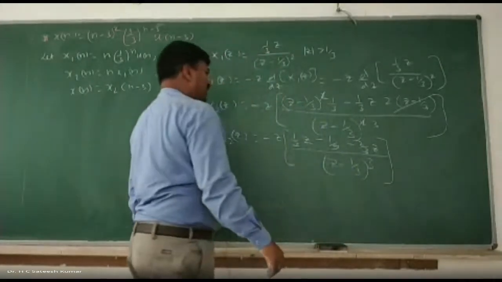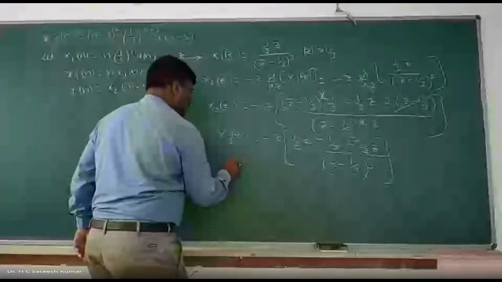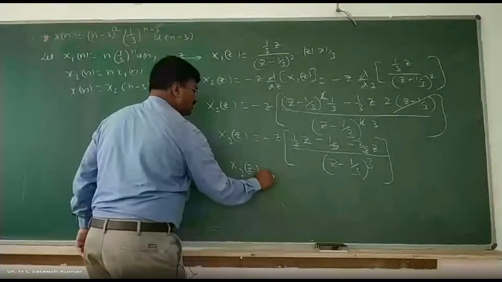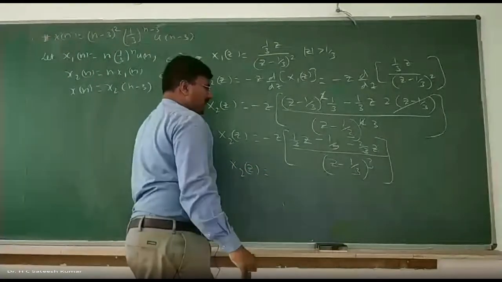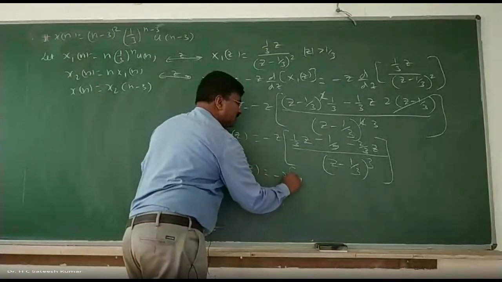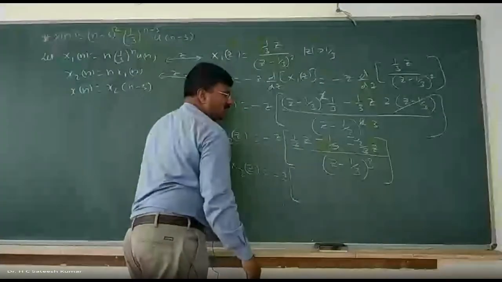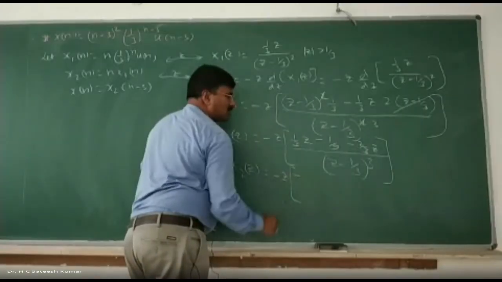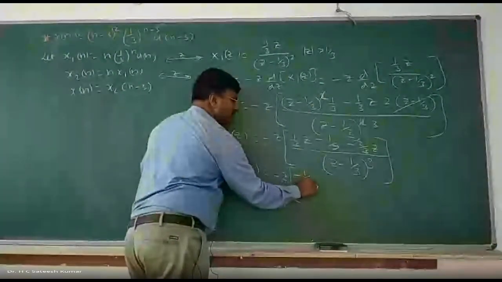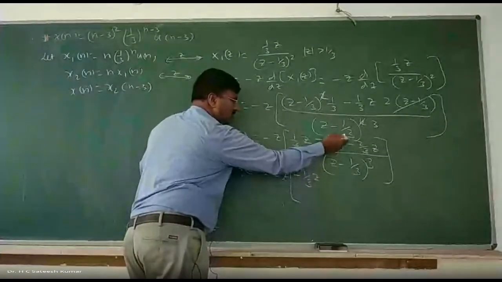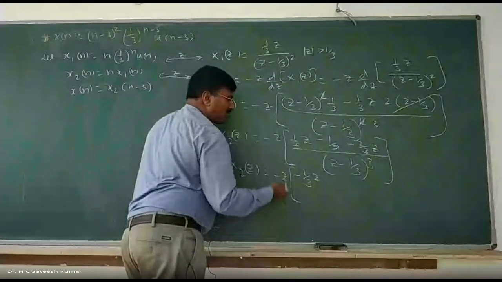Further you simplify it. x2 of z is equal to, what do we get? Minus z you keep it as it is. 1 by 3z minus 2 by 3z, so then you will get minus 1 by 3z. Out of minus 2 by 3, if you subtract 1 by 3, you will get minus 1 by 3.